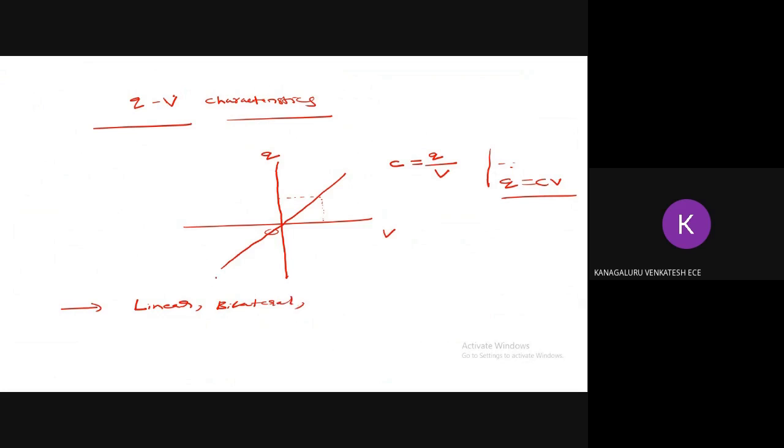And also, if you look at the characteristics, it is not changing with time, so I can say that it is time invariant in the QV plane. And also, we know that the capacitor is a passive element.